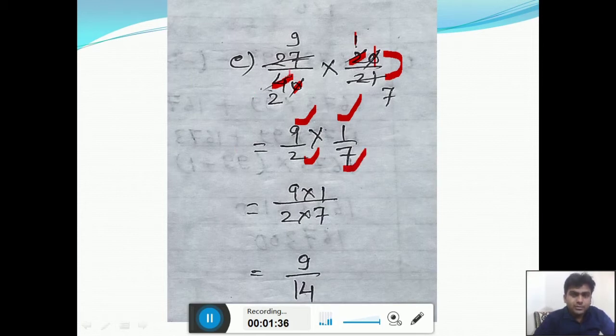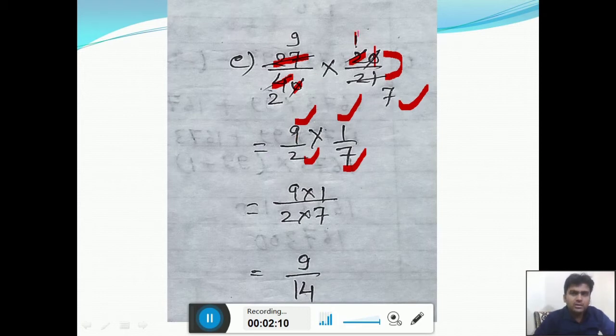So here 2 ones are 2, 4 twos are 2, 2 twos are 4 and 2 ones are 2. And here we can cut this number by 3. 3 nines are 27 and 3 sevens are 21. So this 21 is simplified by 3 to 7. Now is any number to be simplified? No. So we will multiply.